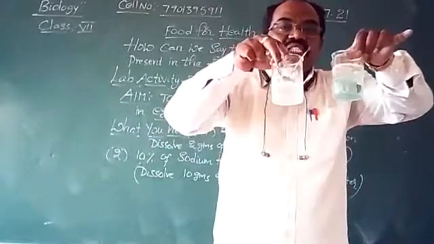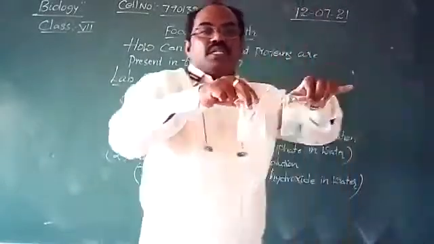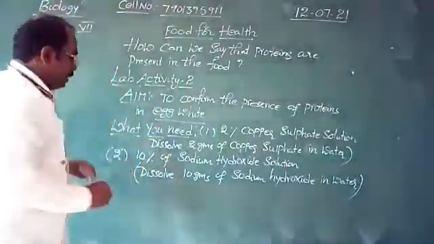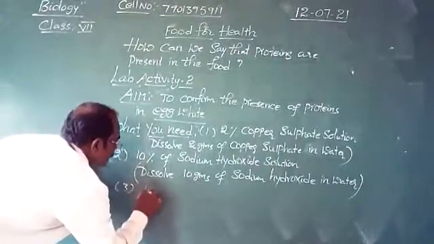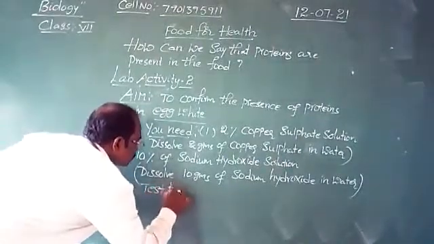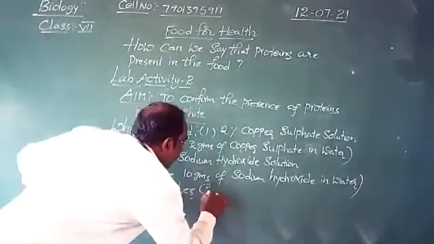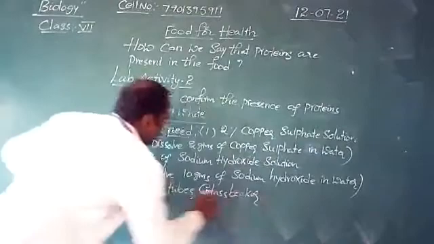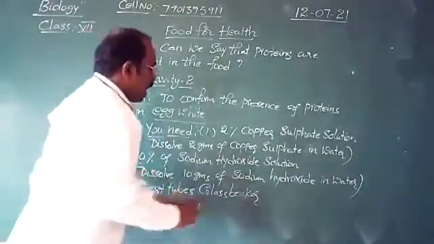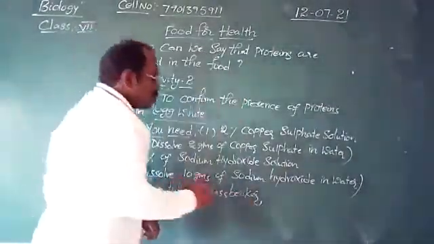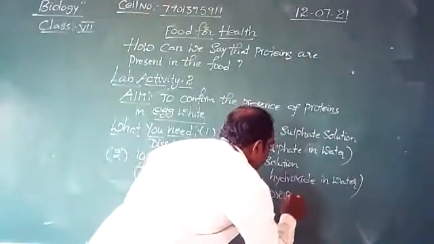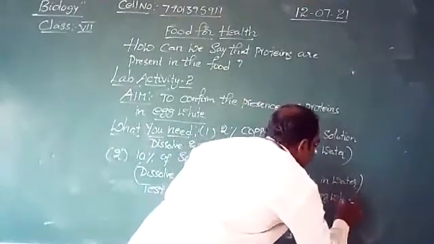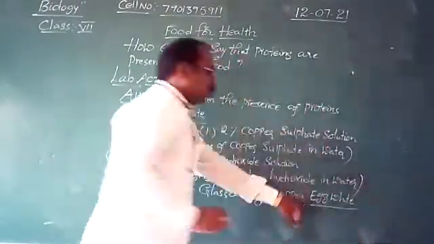These two chemicals are required in this activity. And third one, test tubes, glass beaker, dropper, and egg white, the food material.